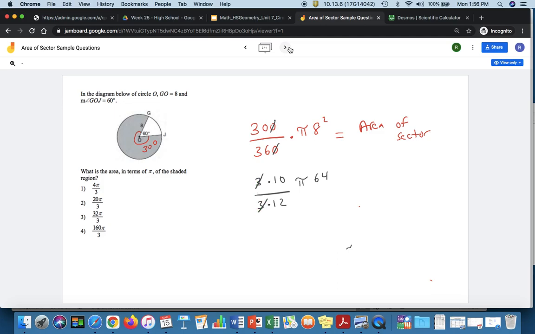Now as I continue, I noticed that I could rewrite 12 using a factor of 4, and I could think of a number that multiplies 64 times 4. So let's try that. Do 10 pi, and I'll write 12 as 4 times 3, and I'm going to write 64 as 4 times 16.